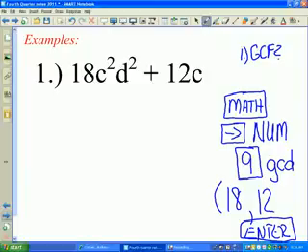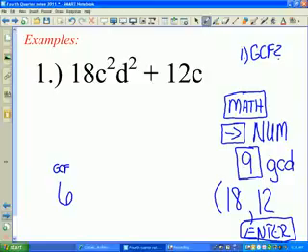Some people knew before we got started with this that their greatest common factor was going to be 6 with the numbers. This just basically clarified that step for us. Now, when you're using the graphing calculator, just as a warning, you can only do 2 numbers at a time.